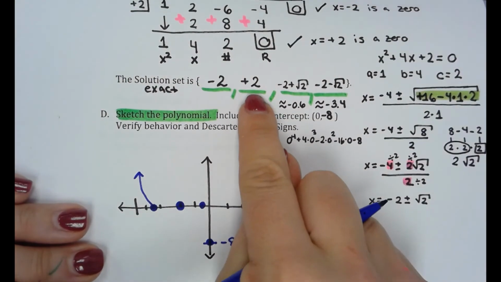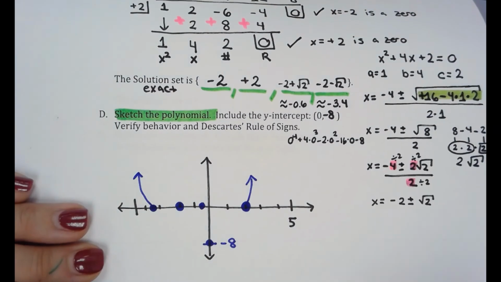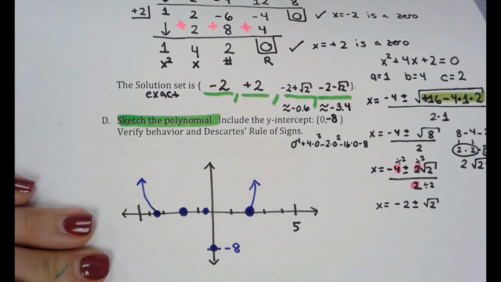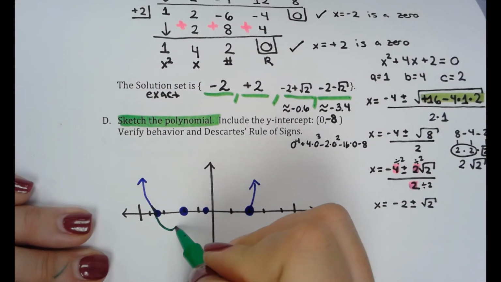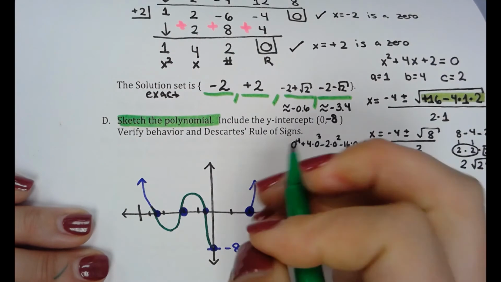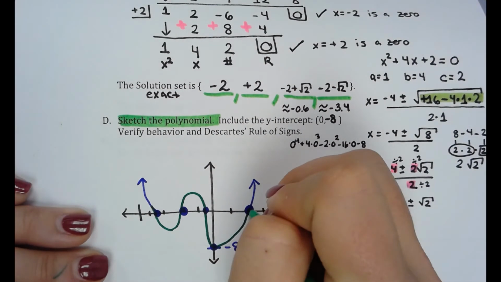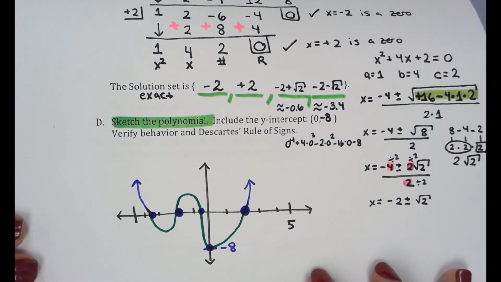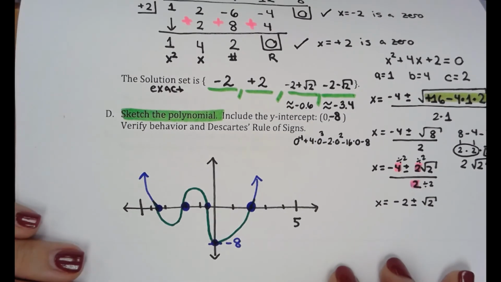All of these x's were singles, so we're going to go through the x-axis as we go through them. So here we go. I'm going to go through to the next point, through to the next point, down to that negative 8 right there, and then through to the next point right there. And I have the nice full sketch of all the intercepts, which is what I'm looking for at this point.